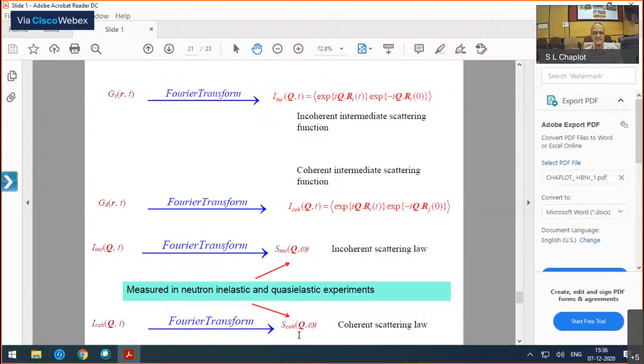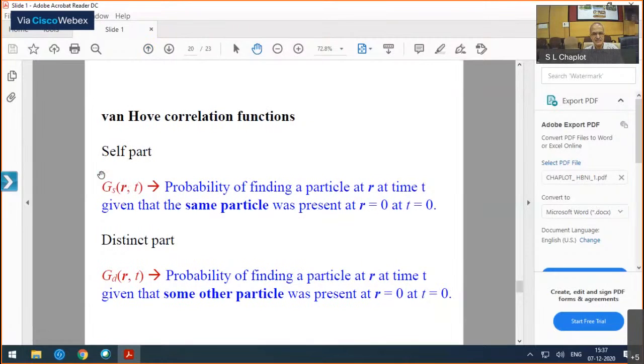But as I said, although we have written it like this, even the same atom also gives coherent scattering, and therefore in the distinct part we will include the same atom also. In other words, we get coherent scattering from both of these functions.